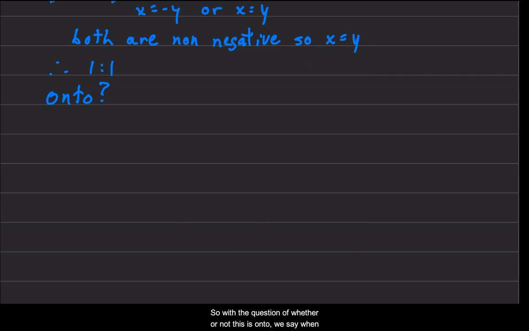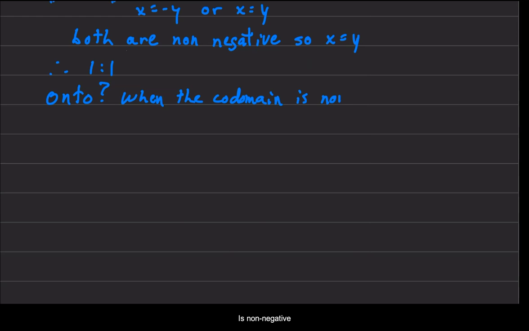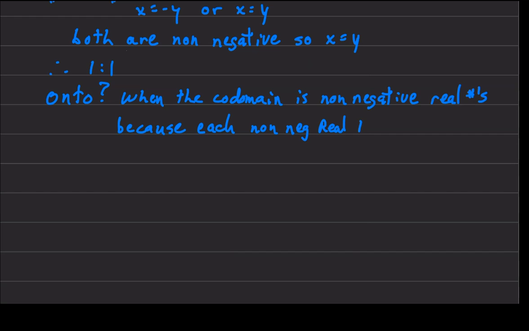With the question of whether or not this is onto, we say the codomain is non-negative real numbers, then we can say because each non-negative real has a square root, since that is true, then we have an inverse function of y, which is equal to the square root of y.